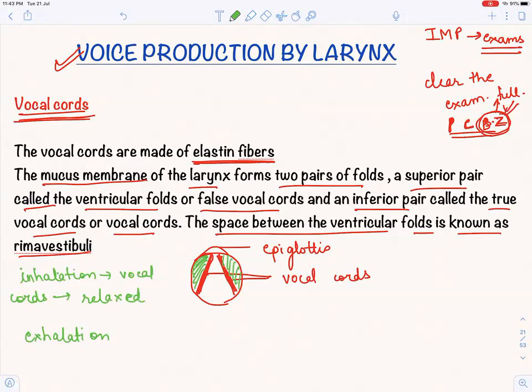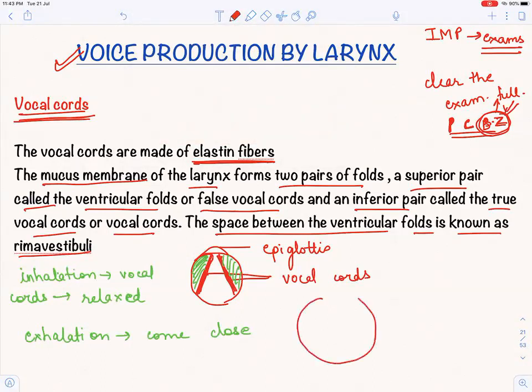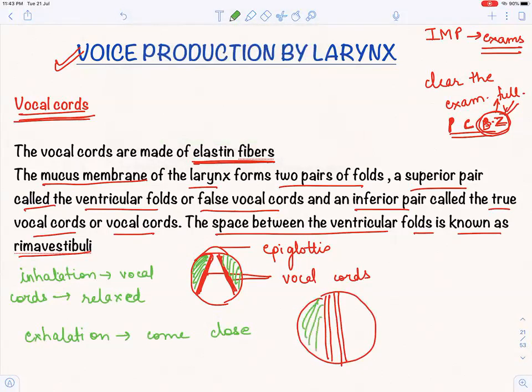Vocal cords are relaxed. During exhalation, what happens? They come close. So what will the structure be like? The structure will be like this. They come close, and this is the membrane, the membranous sheath you can say.